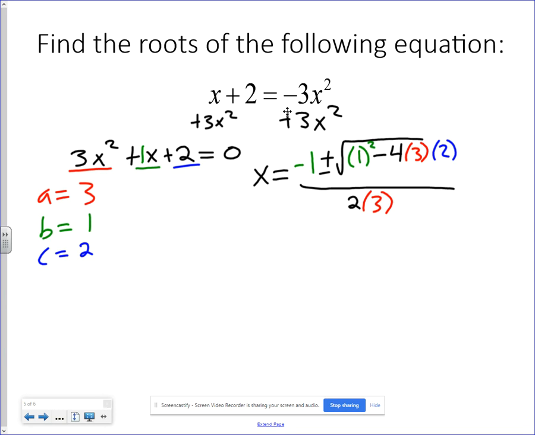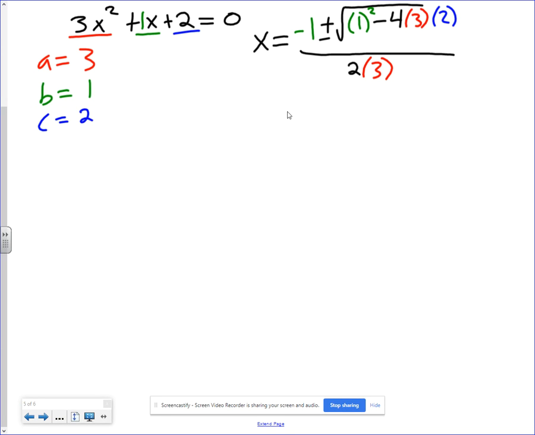So if we simplify this a little bit, we get that x is equal to -1 plus or minus the square root of 1 squared is just 1 times 1, so that'll be 1 minus 4 times 3 is 12 times 2 is 24, over 2 times 3 is 6.